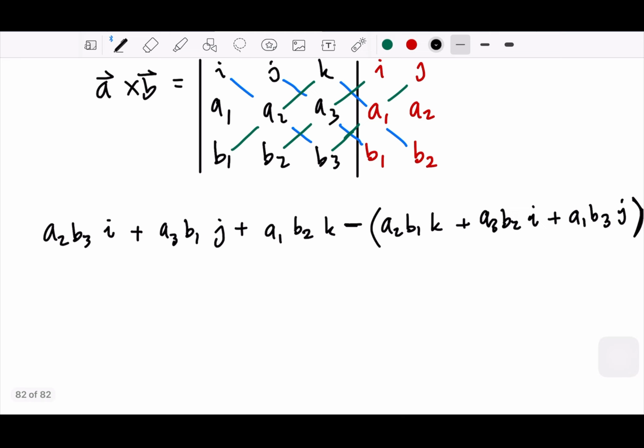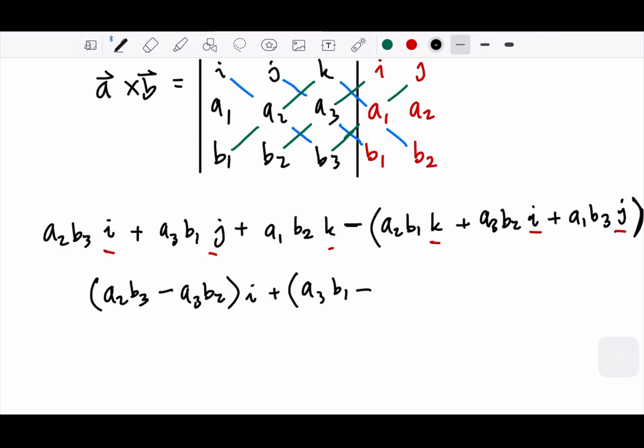Now let's group all of them, grouping i with i, j with j, and k with k. Now let's look at how it's formed. Okay, so A2B3 minus A3B2, and plus, or maybe minus if you want to make it minus. Or maybe let me write plus first. A3B1 minus A1B3, sorry.